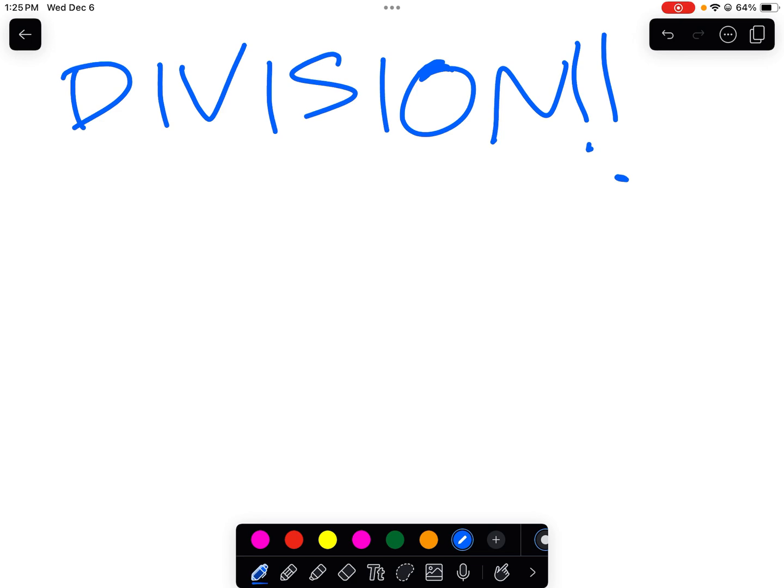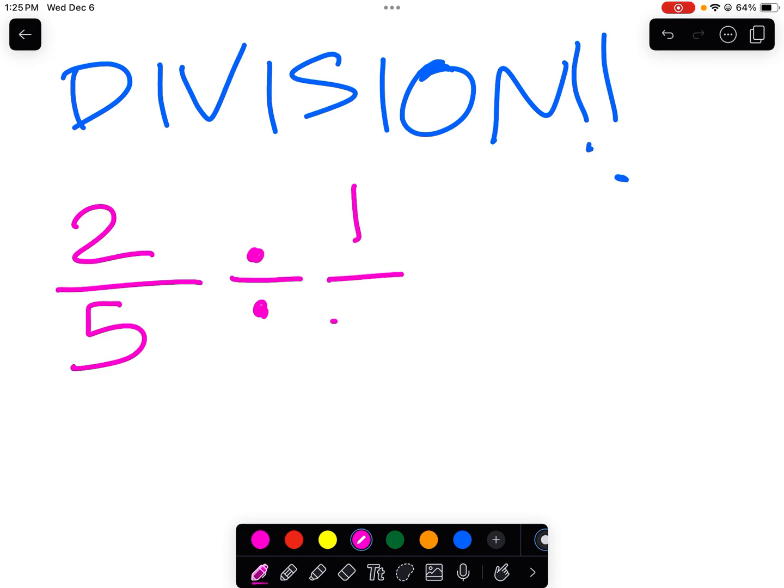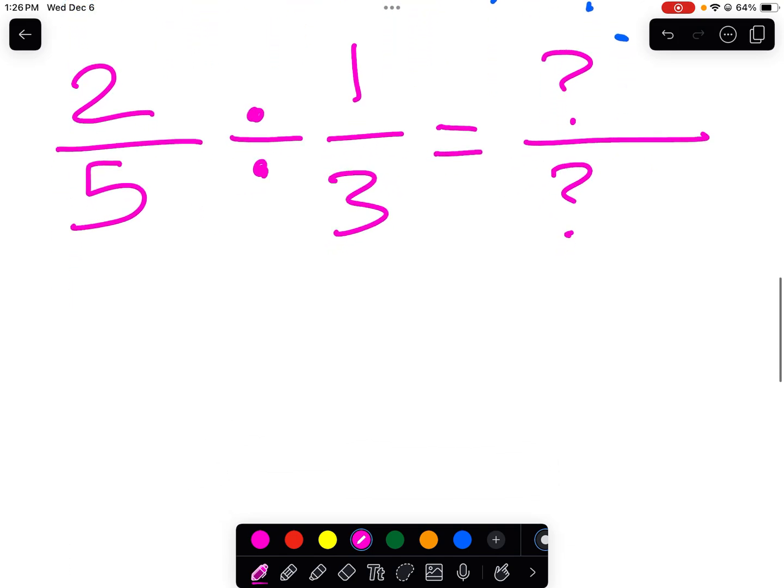Let's say, should I do a different color? Let's do pink. Let's say I have 2/5 and I just want to divide it by 1/3. Now, what does that equal? Let's find out. Now, here's what you're going to do. You take 2/5. Let's keep it as is.